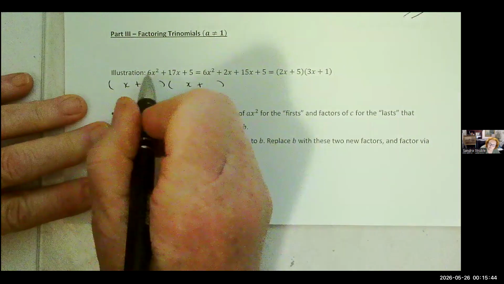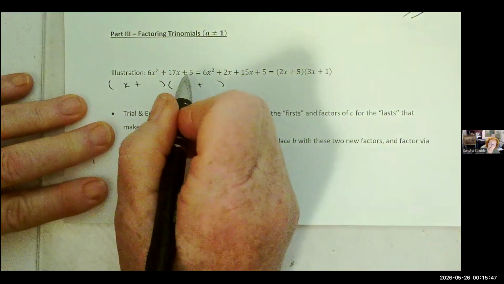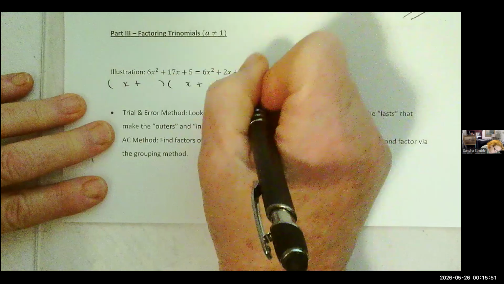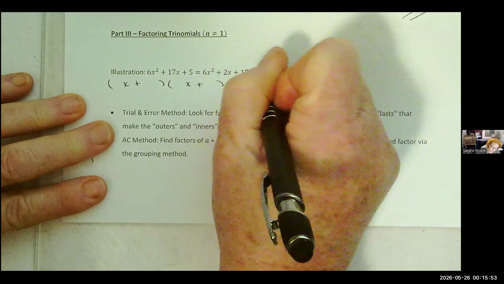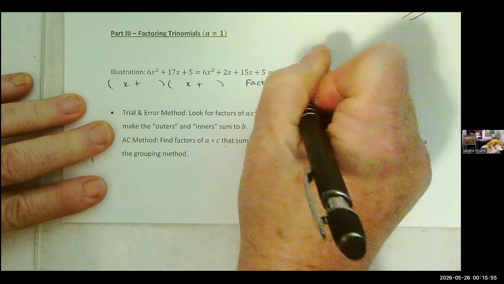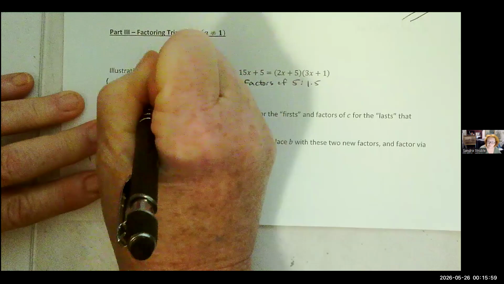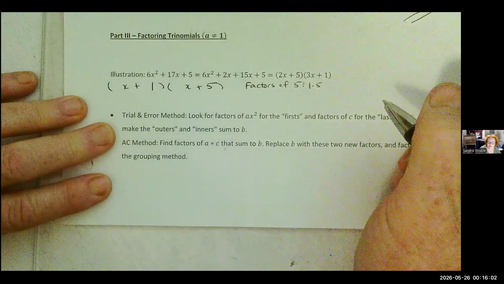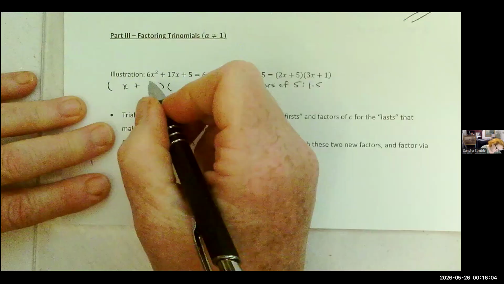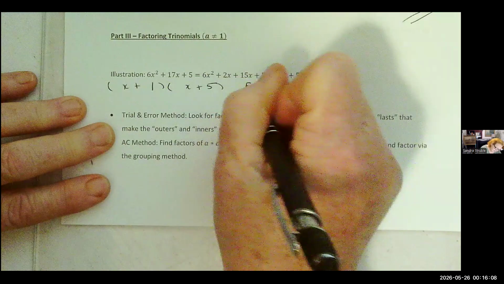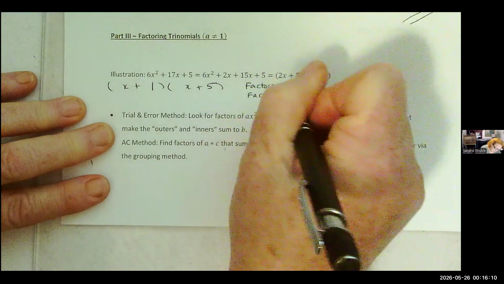We've found the factors of c. The factors of 5, there's only one, and it's 1 times 5. So I'm going to put a 1 and a 5 here. That part's done. Now I need to look at my factors of A. Factors of 6. I've got 1 times 6 and 2 times 3.